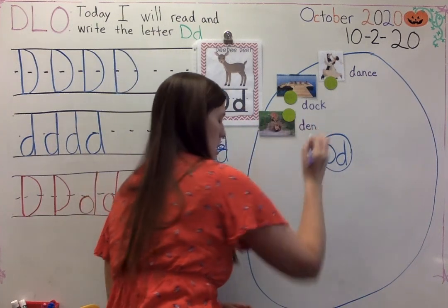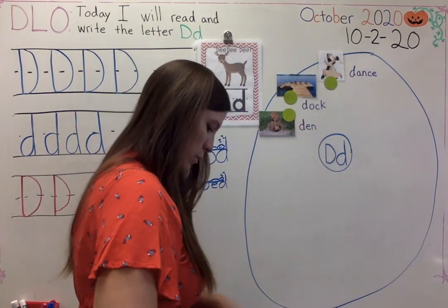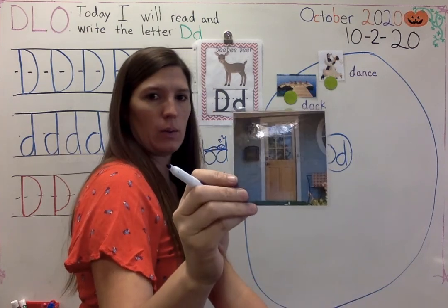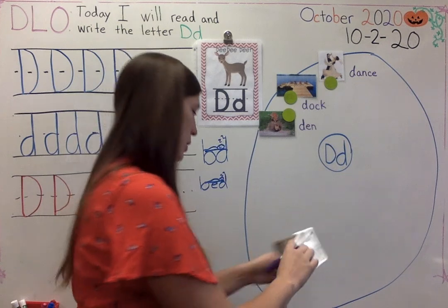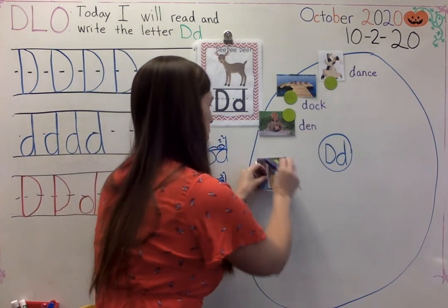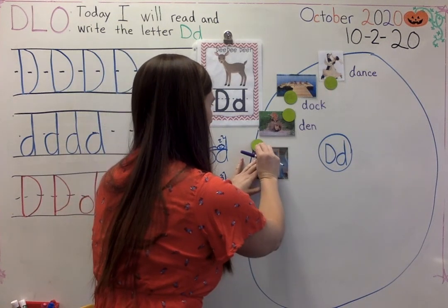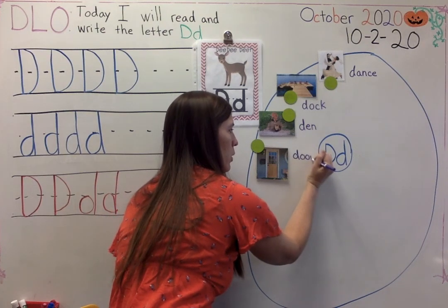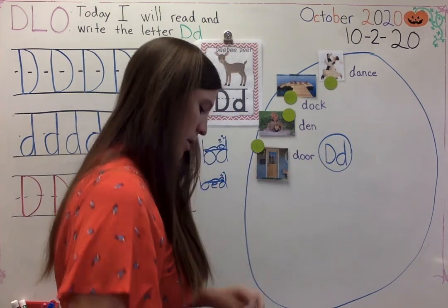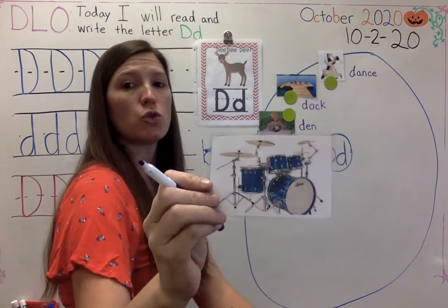N, den. What is this called on your house or your bedroom? Door. D, door. Door.